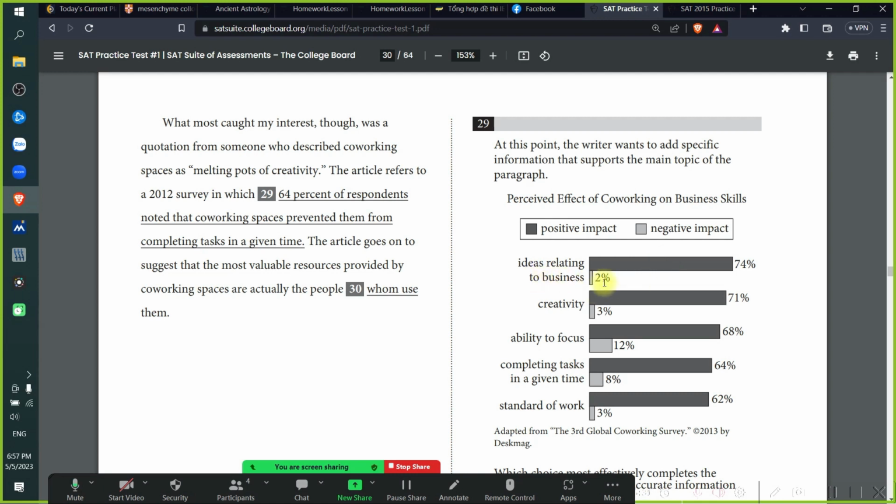Ideas related to business, những ý tưởng liên quan đến làm doanh nghiệp. Creativity, sáng tạo. Ability to focus, khả năng tập trung. Completing tasks in a given time, sự hoàn thành tác vụ trong một cái thời gian mà cho trước. And standard of work, cái tiêu chuẩn công việc.